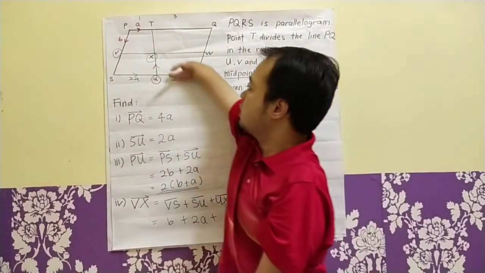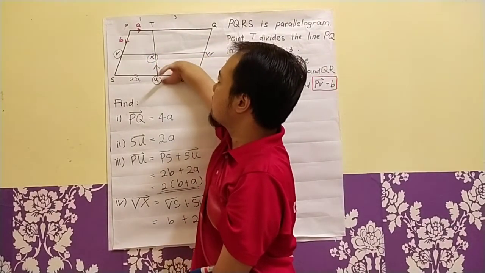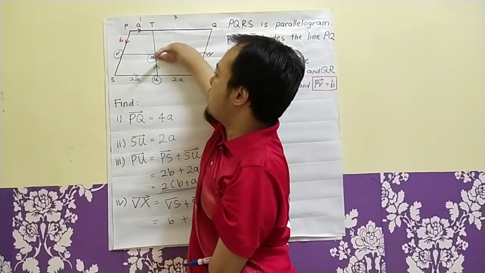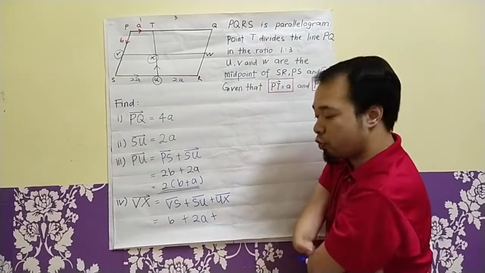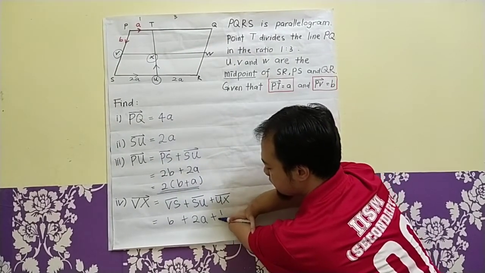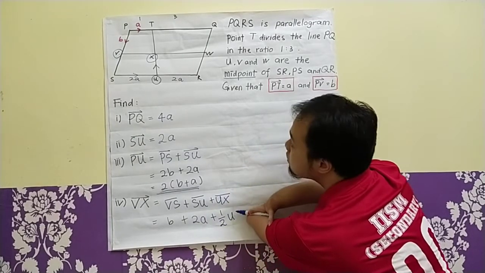UX. So U to X, X is half of UT. Can you see that? UT. So X is the midpoint of UT. So what can you say? UX is equal to half of UT.